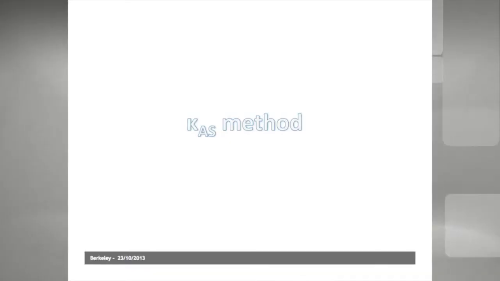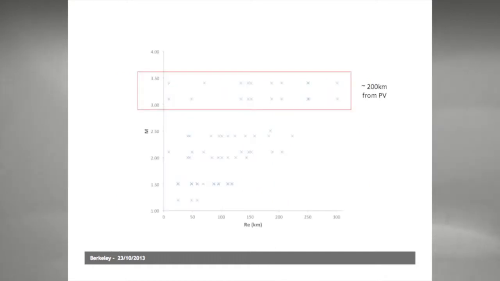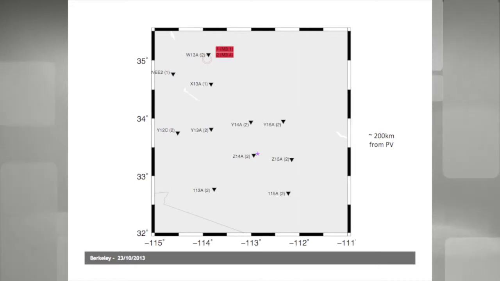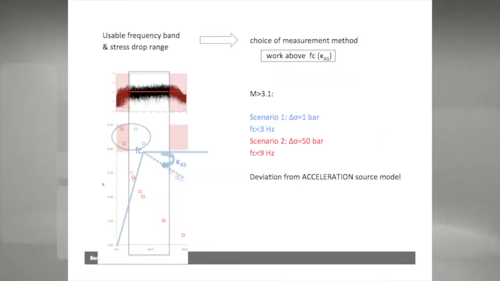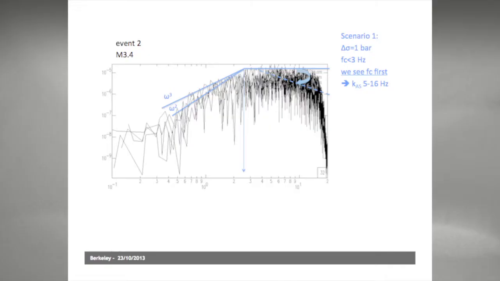So going into the traditional kappa method results, we're just working with events 1 and 2 here, so magnitude 3 and 3.5. So everything is about 200 kilometers far from the Palo Verde site. So scenario 1 was a stress drop of around 1 bar, or let's say just a lowish stress drop following Kevin's paper.